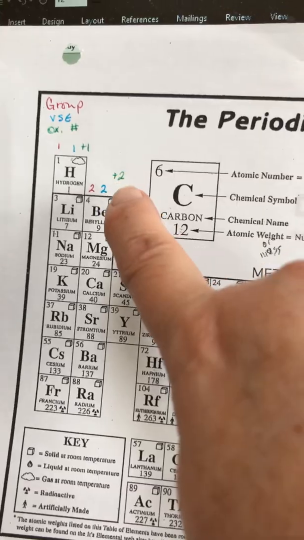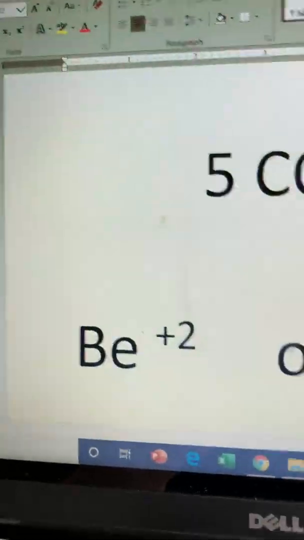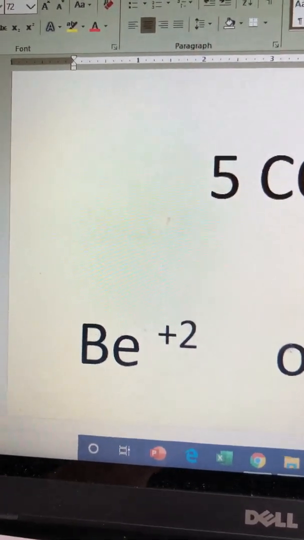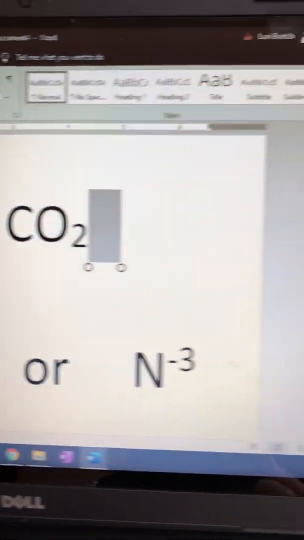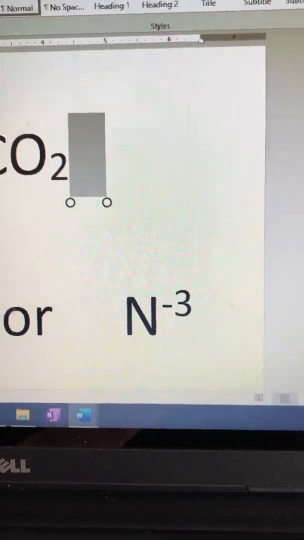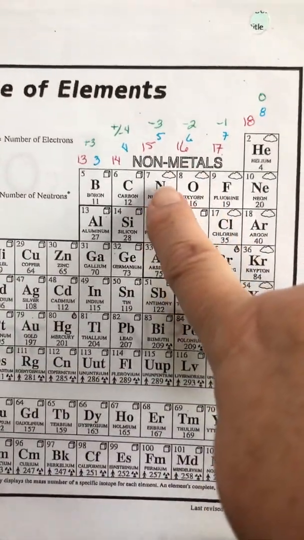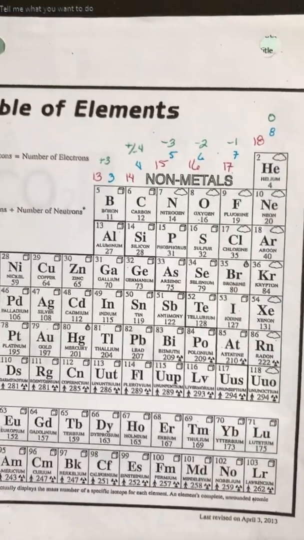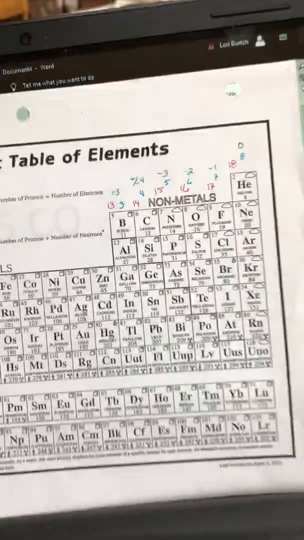I look up here and oh look, it has a +2 charge. So we write that as a superscript. You can also write it 2 with a plus behind it. I usually write it like that. Here I show you an anion. Nitrogen has a -3 charge written as a superscript. Again, nitrogen is here. I look up above and oh look, there's a -3 charge. Okay, so that's where you get your oxidation numbers from.